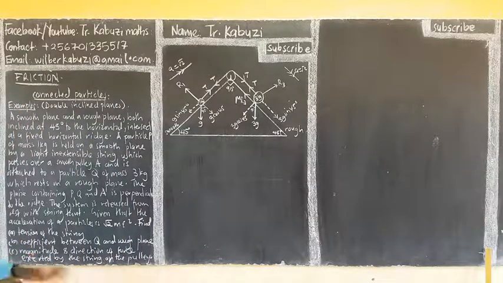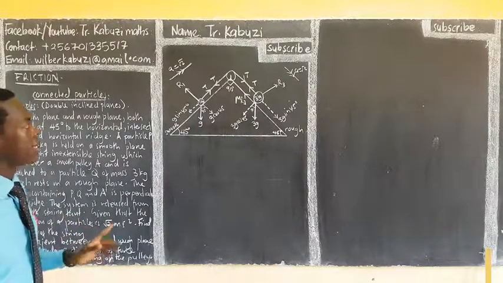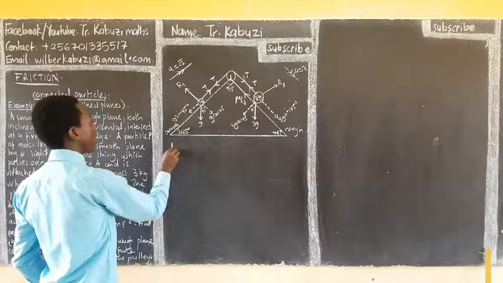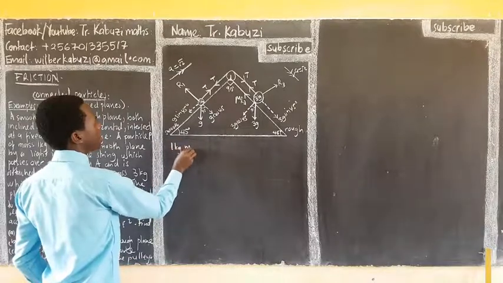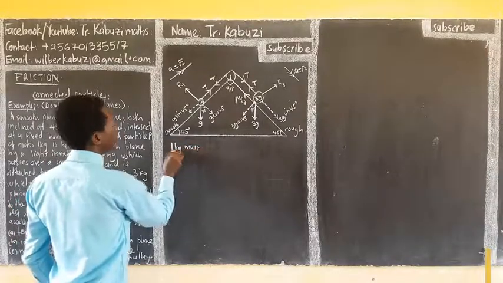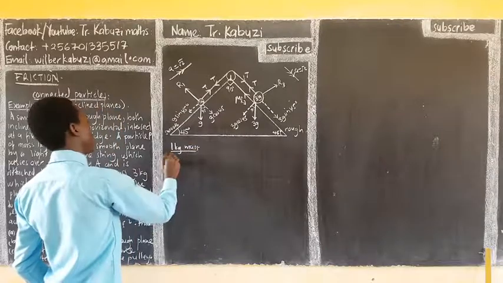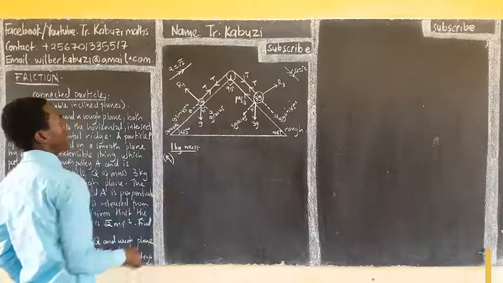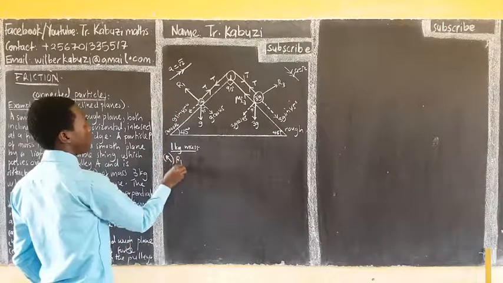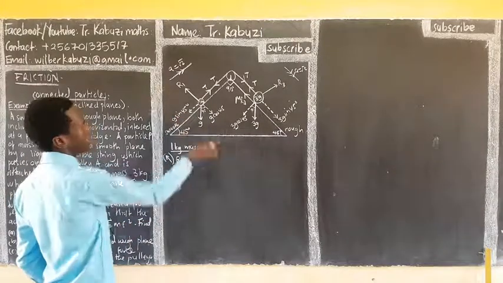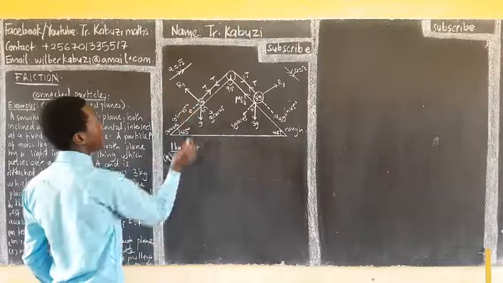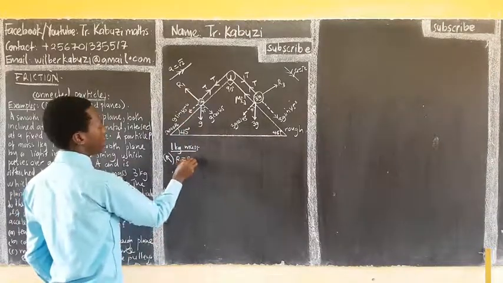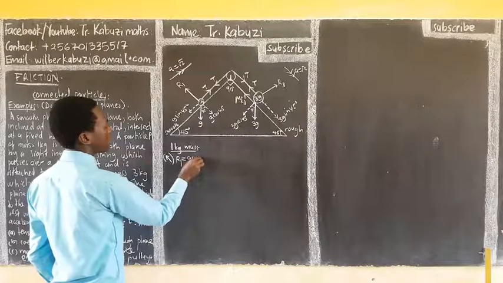Whenever we have friction, we start by getting these reactions. So for the 1 kilogram mass, if we resolve perpendicular to the plane, we don't have an acceleration in this direction, so R1 is going to be equal to g cos 45.